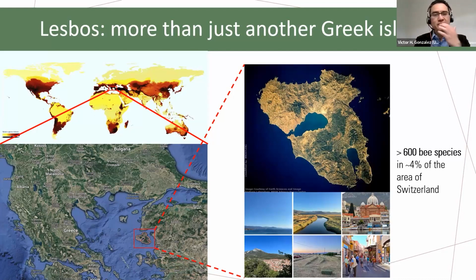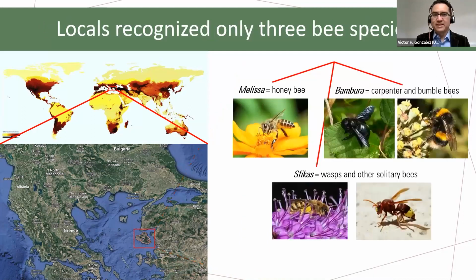So I have been going to this island every summer for several years now, and I just wondered, what do the people know about the local bees? Well, you will be surprised that they basically know about the same thing that has been found over and over. They recognize the honeybee, which they call Melissa, with extensive knowledge of that species.